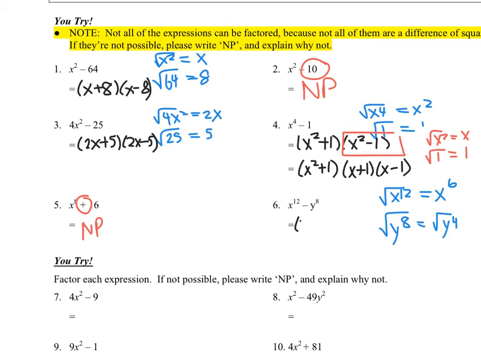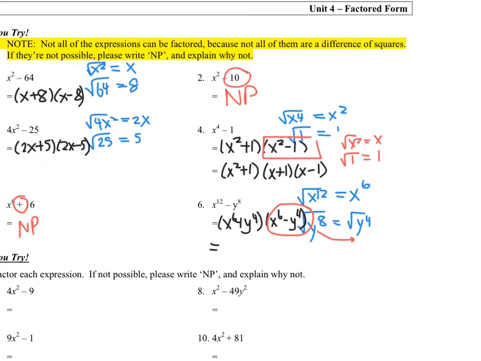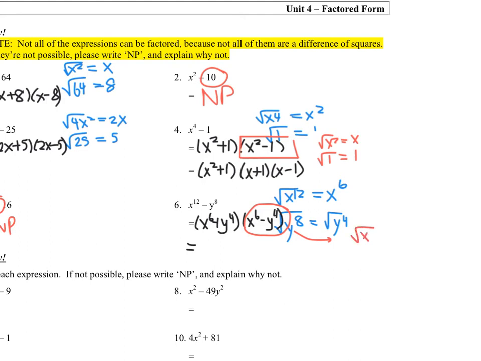Okay, so we have x to the 6 plus y to the 4, x to the 6 minus y to the 4. And here's a little trick for you because there isn't a second equal sign, but that's a difference of squares because our exponents are even again. So on the side here, the square root of x to the 6 is x cubed, so that's not even anymore.